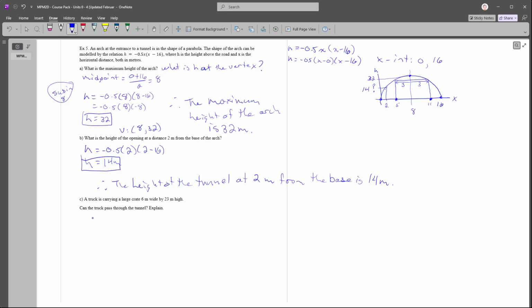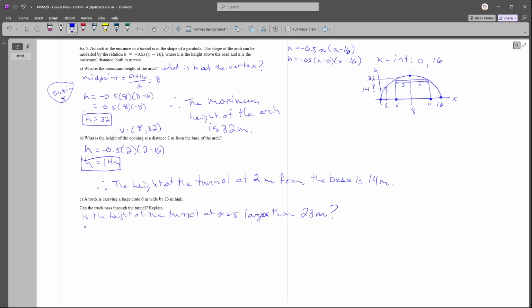So our goal: is the height of the tunnel at x equals 5 larger than 23 meters? That is the question.